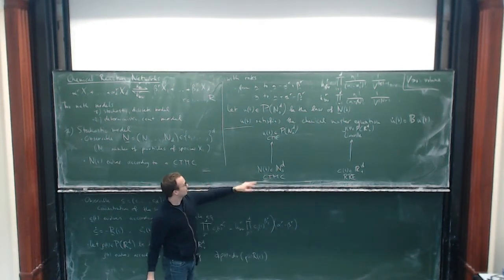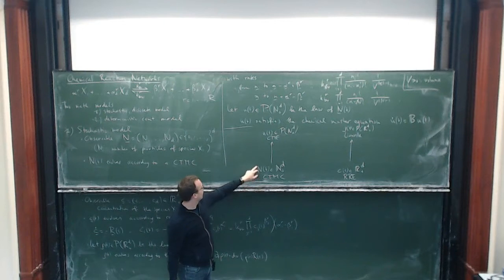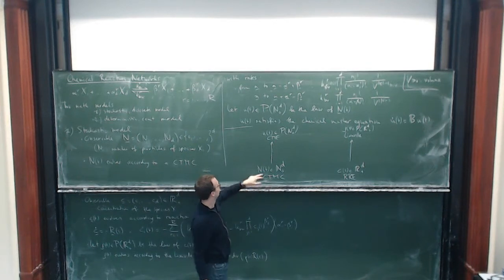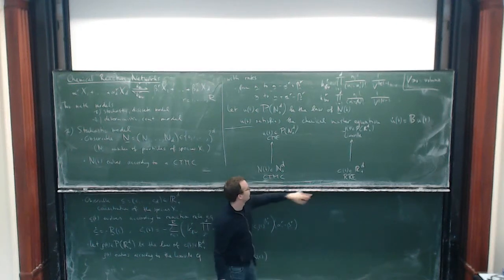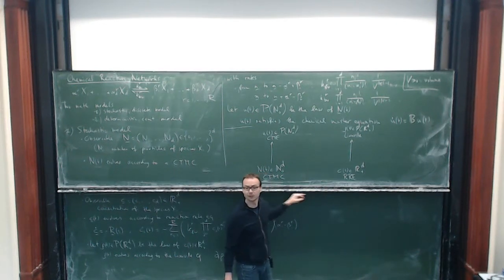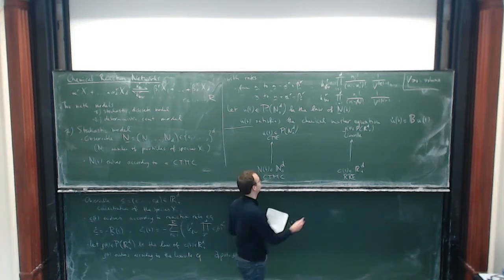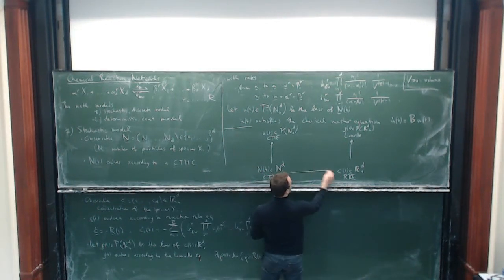What he showed is that if you look at this Markov chain and rescale it, dividing the number of particles by the volume, then the number of particles at time t divided by the volume converges to this concentration. So the solutions to this Markov chain converge to solutions to this reaction rate equation. That's what Tom Kurtz proved in the 70s.